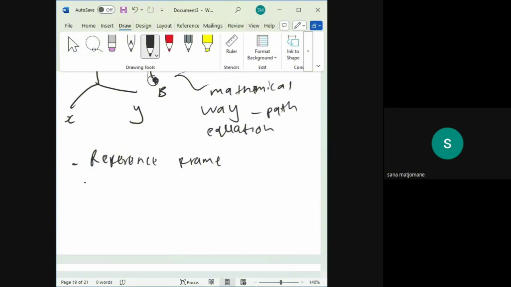So when you say reference frame in mechanics, remember, applied mathematics just means we apply maths to real world scenarios, like your motion right now, your particles moving. When we describe the position of an object, we need a reference frame.